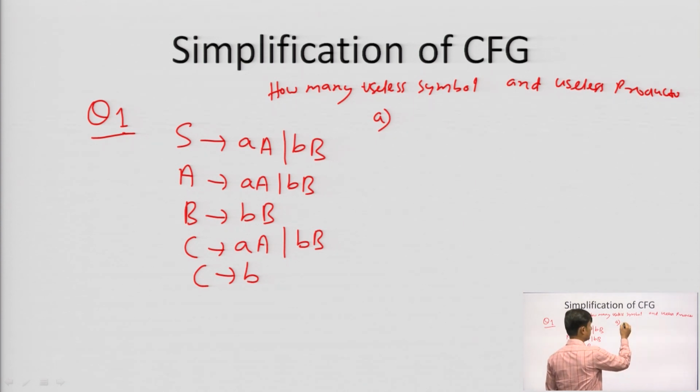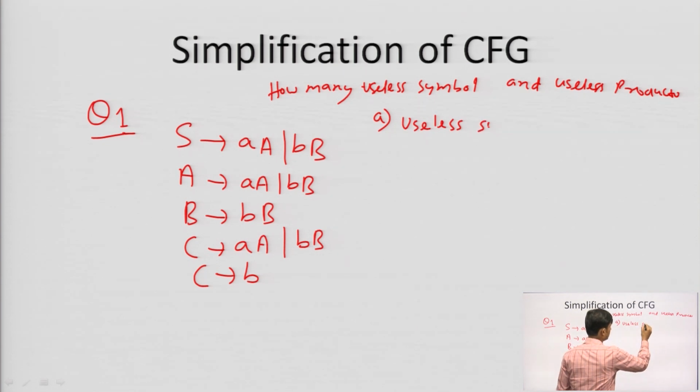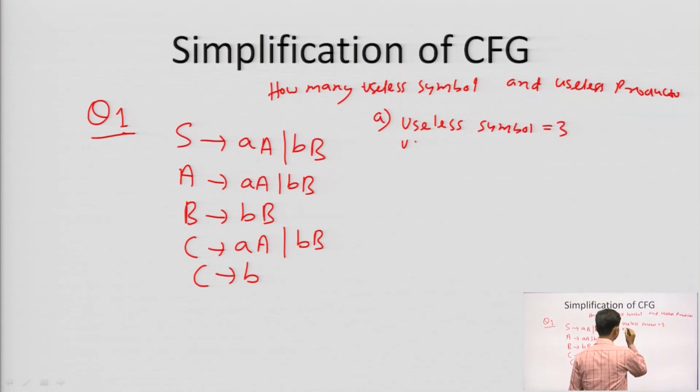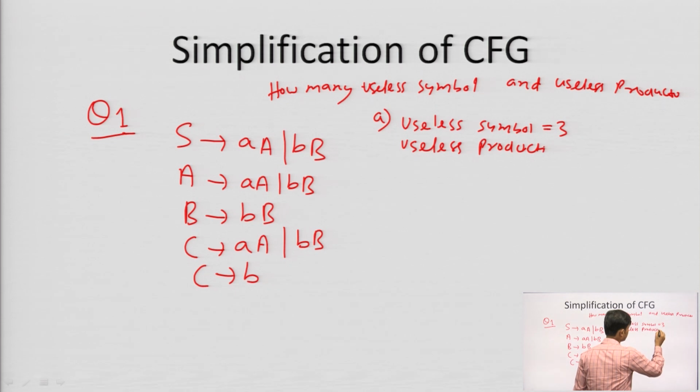Option A: useless symbols is 3, useless productions is 5.